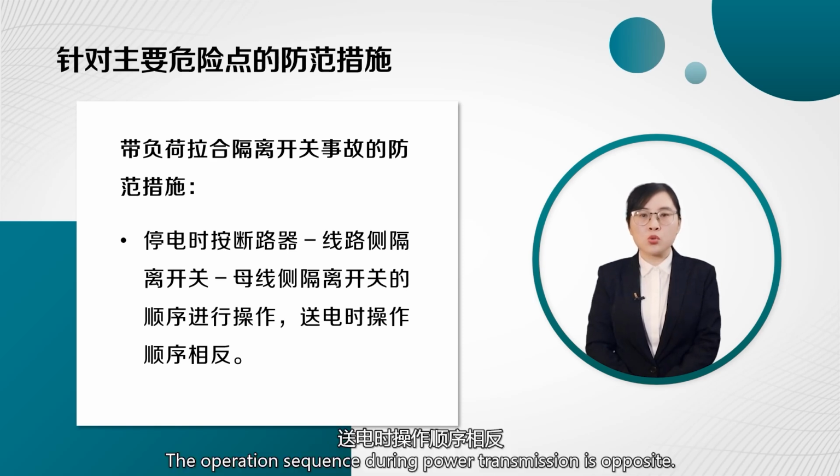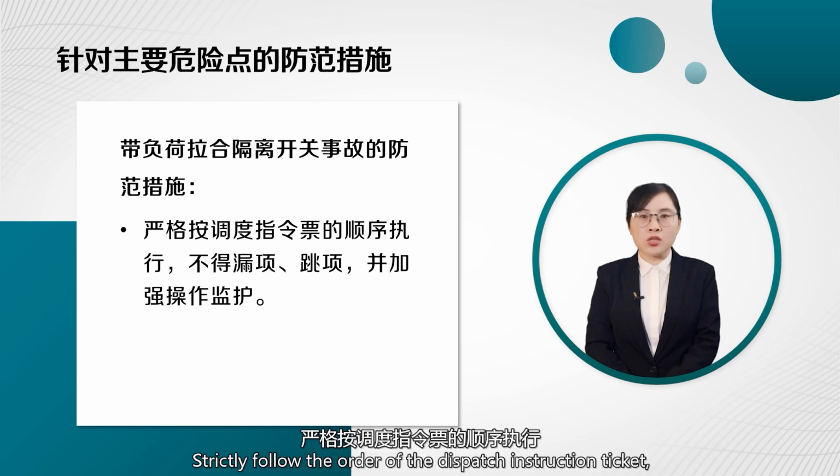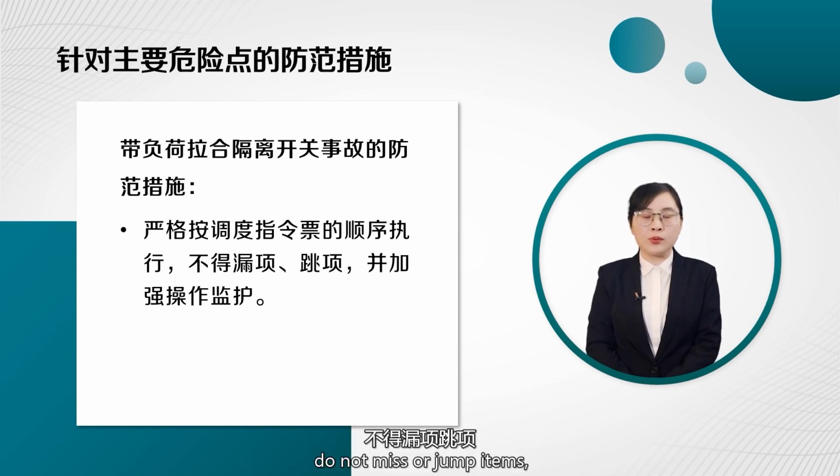The operation sequence during power transmission is opposite. Measure 2. Strictly follow the order of the dispatch instruction ticket. Do not miss or jump items, and strengthen operation supervision.